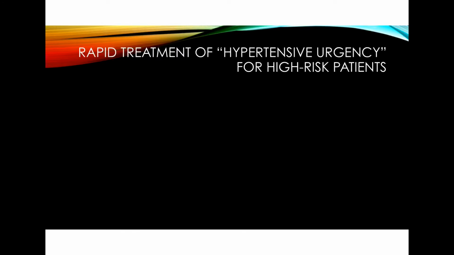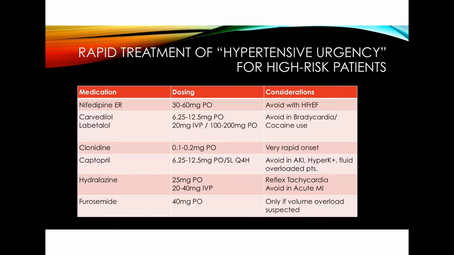For those patients who you'd classify as having a hypertensive urgency and have the indications for urgent treatment, you would generally choose PO oral agents that are rapidly acting. Some of your options include extended release nifedipine, carvedilol, labetalol, clonidine, captopril, the ACE inhibitor, hydralazine, and furosemide.